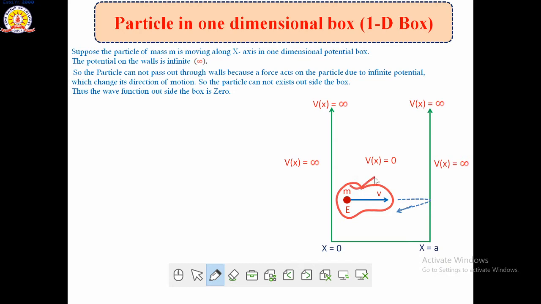That's why the potential will be constant at any point within this box. So the constant here I am considering as 0. That is the problem we have in the one dimensional box, and I am applying the Schrodinger time independent wave equation on that particle.